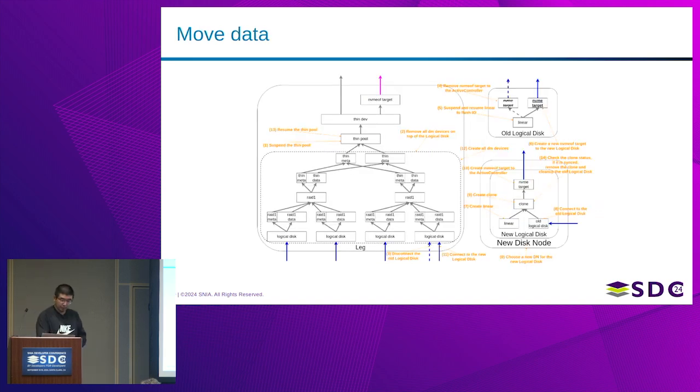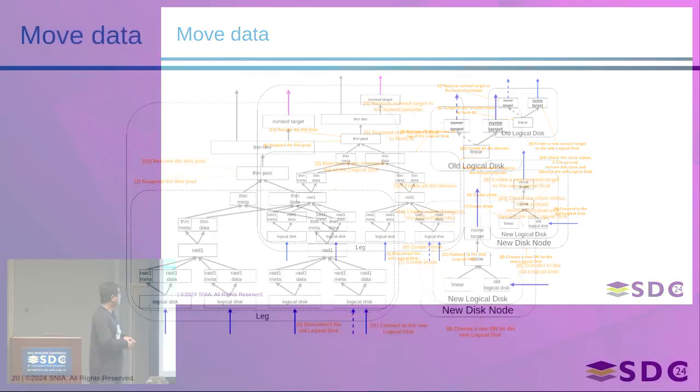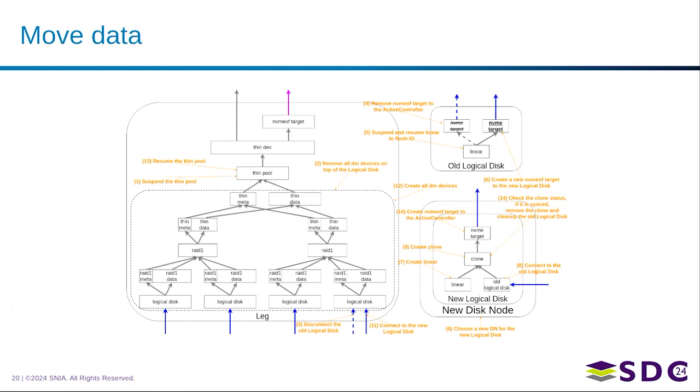And I think the last one is move data. If we want to offline a disk node, we should move the data to a new disk. If we have a RAID 1 or RAID 5 disk, for simplicity, we can just remove the disk, add a new disk and rebuild the RAID.